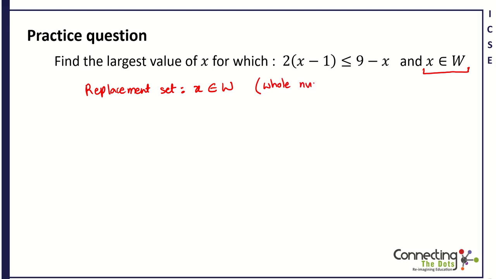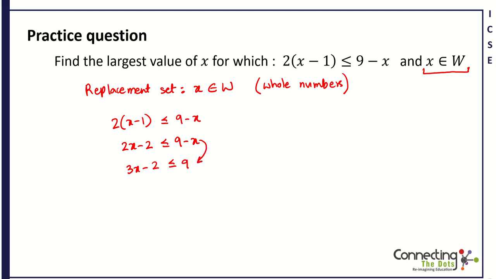So let's see. 2 multiplied by x minus 1. So let's open these brackets and write it as 2x minus 2 is less than or equal to 9 minus x. So adding x to both sides. So how did we go from here to here?